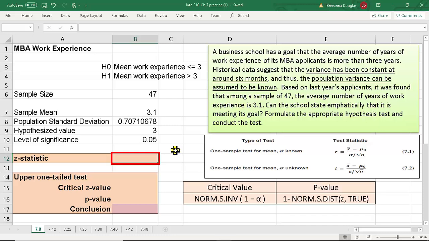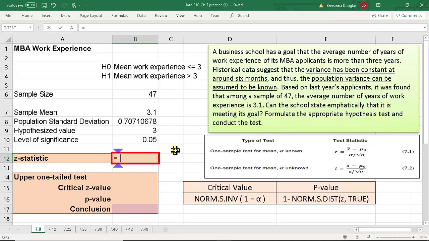The next step is to determine the z-test statistic, which is used when the population standard deviation is known. The formula is sample mean minus hypothesized mean divided by standard deviation divided by the square root of the sample size.